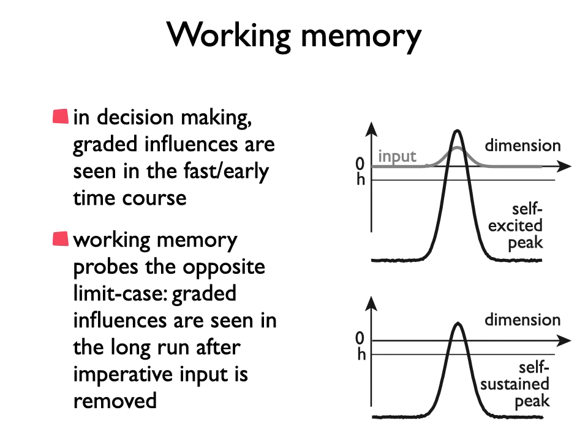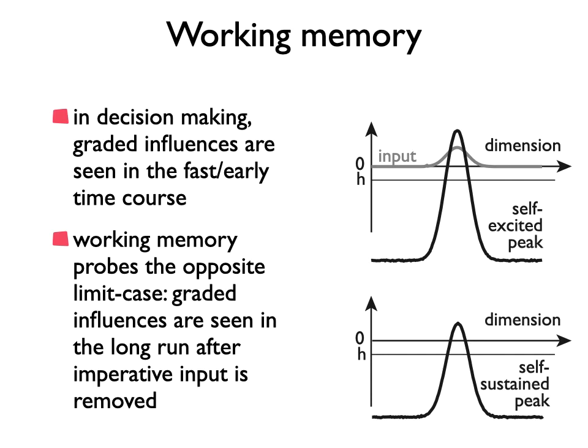And the other limit case in which you can get signatures of the underlying metrics is in the working memory case. In the working memory case, you're also not really driven by input anymore, because the input is gone, and so you can also see subtle effects, metric effects.